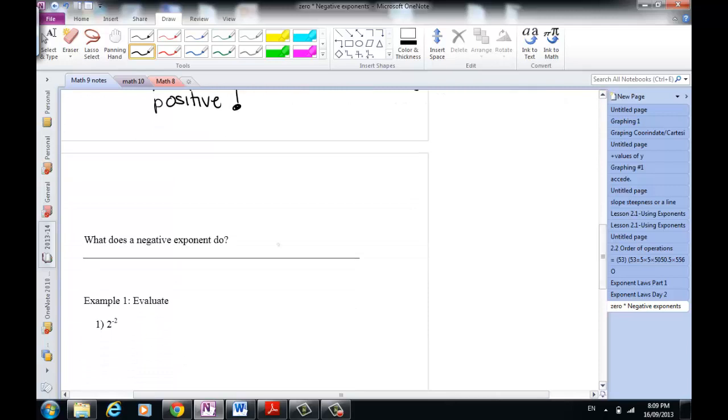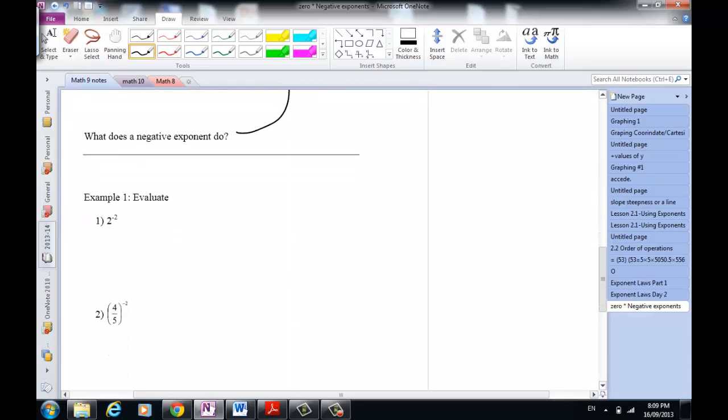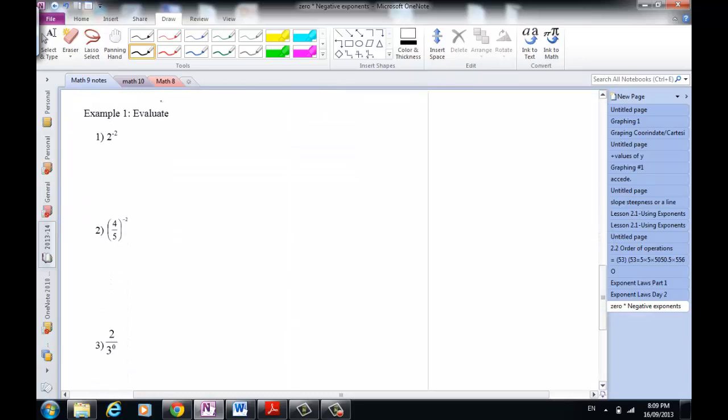We just answered that question up there. Sorry, I didn't put it in your line. Alright, so it says evaluate, and we have, I'm just going to write it a little bit bigger here, 2 to the negative 2. Remember that 2 can be written as 2 over 1. So all I'm doing is I'm going to take the reciprocal, and the exponent becomes positive.